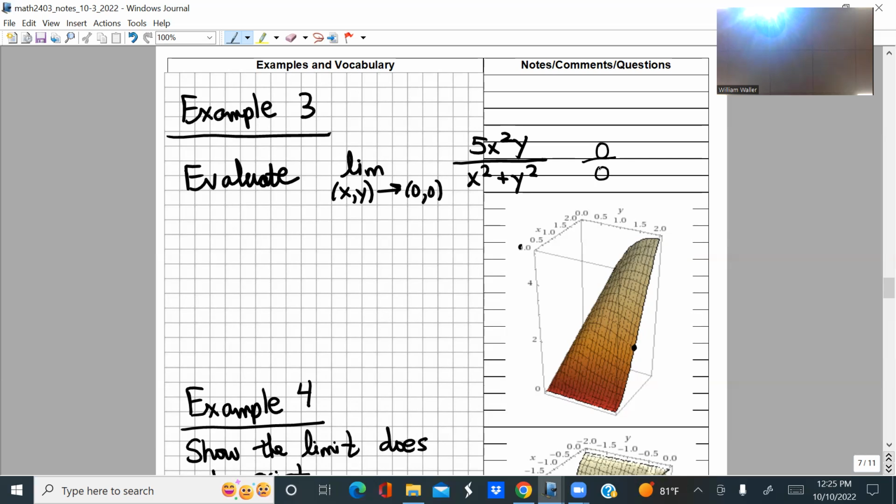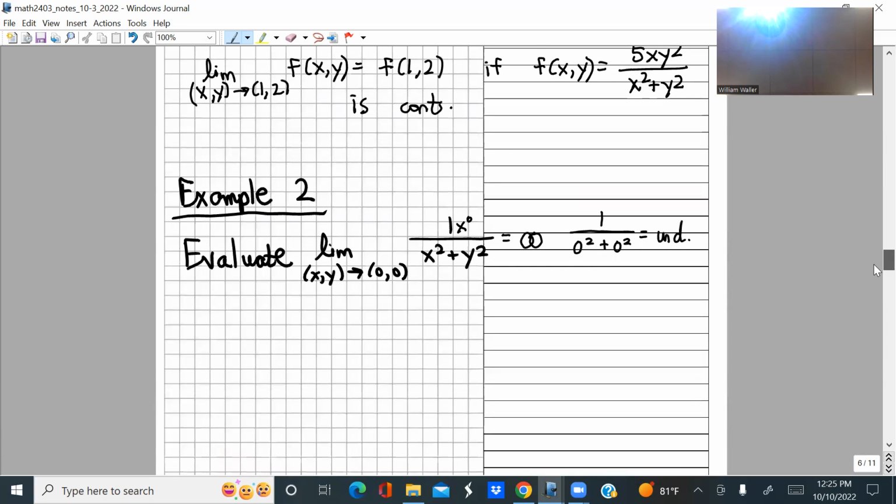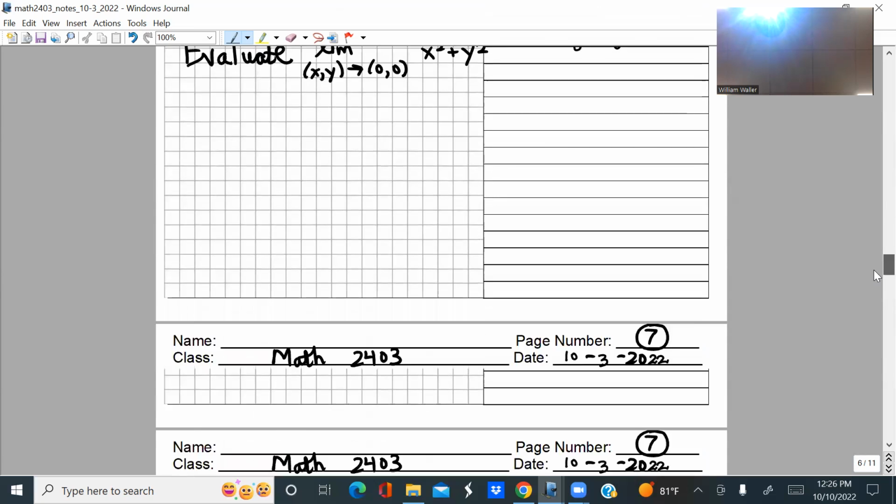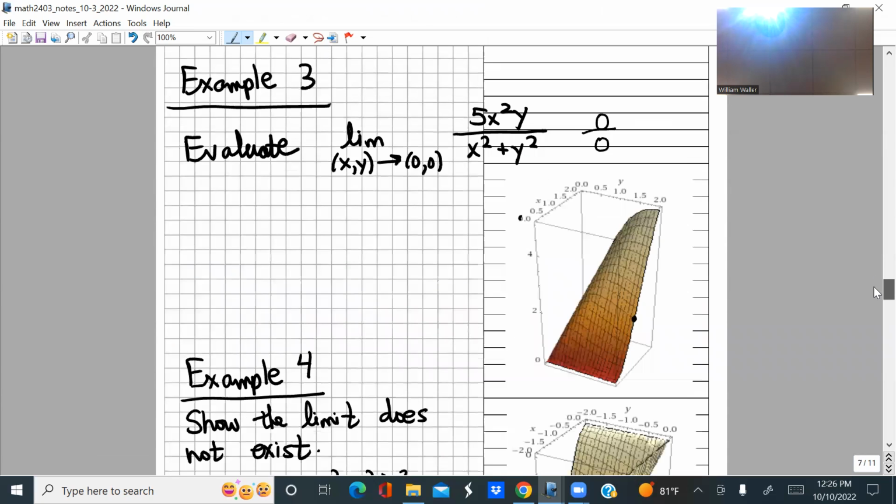In the earlier example, when we plugged in 0, 0, we got 1 divided by 0. But 1 divided by 0 and 0 divided by 0 are different sorts of things. This one is still 0 divided by 0. You can't calculate it, right?